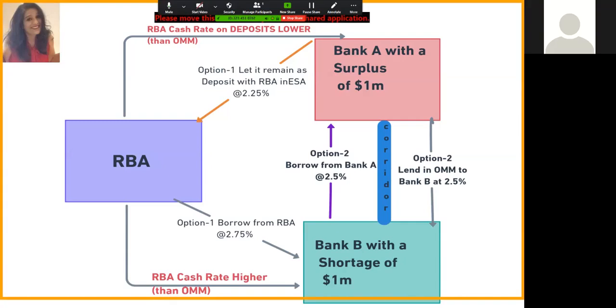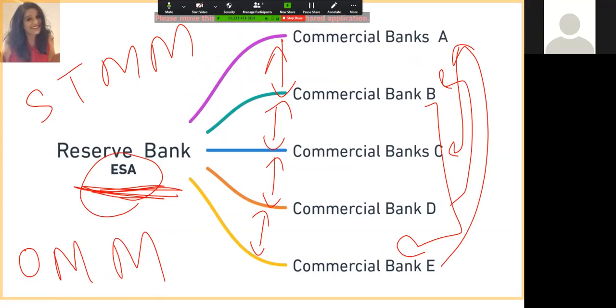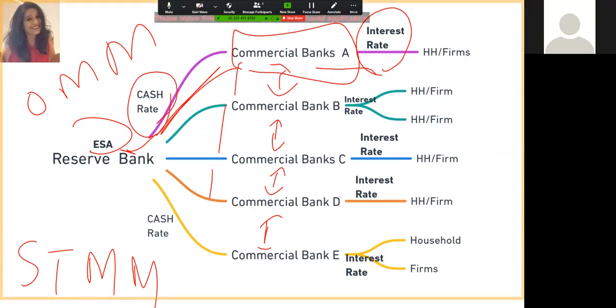We have discussed it before, that is the cash rate. Let us get going back to the previous one one more time. We have already discussed how all the banks have an account with the Reserve Bank, right? So these accounts are called exchange settlement accounts.